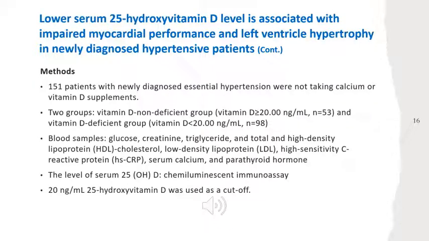In this study, 20 nanogram per milliliter of 25-hydroxy vitamin D was used as a cutoff for vitamin D sufficiency, according to the recommendations from the WHO and, more recently, the Institute of Medicine.